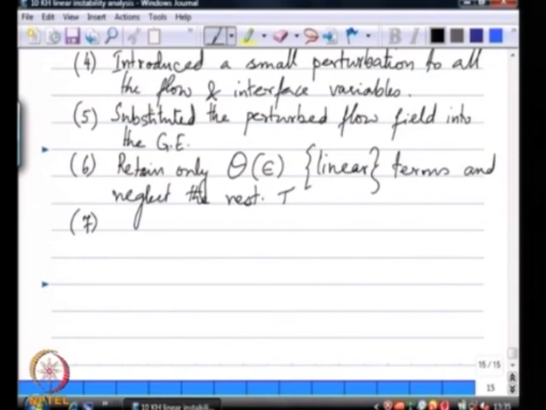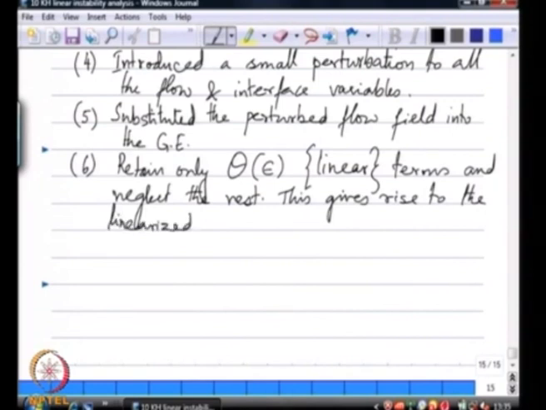So, this gives rise to the linearized governing equations.